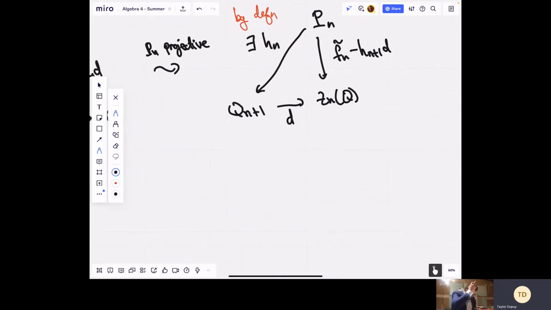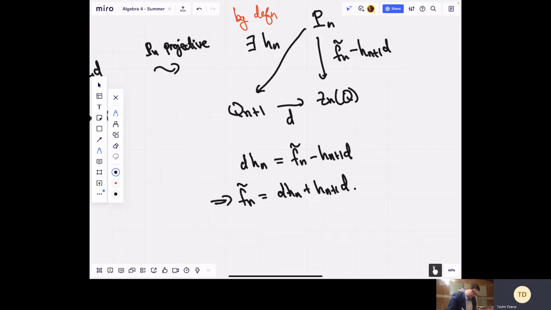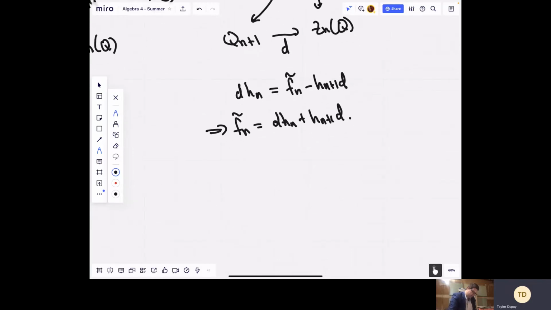Now let's write out what this diagram says. It says that D of Hn is equal to Fn tilde minus Hn plus 1D, or that Fn tilde is equal to D of Hn plus Hn plus 1D. And so this is what we wanted to prove.